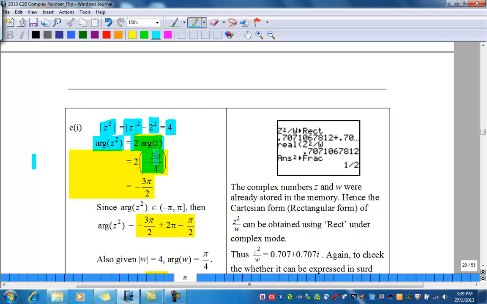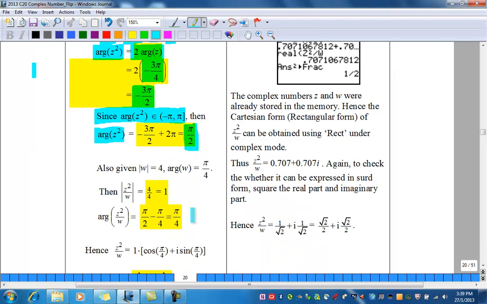Therefore, we can simplify as minus 3 pi over 2. Since argument of z squared must be in the principal range, which is from minus pi to pi, we need to convert the argument of z squared to pi over 2 by adding 2 pi.